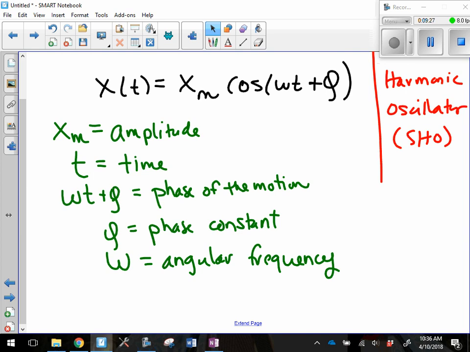Okay. So we'll talk more about the phase constant, but effectively what the phase constant does is it shifts my cosine curve. So if, for instance, I decide that positive is up, then when t equals 0, what's the position of my object?